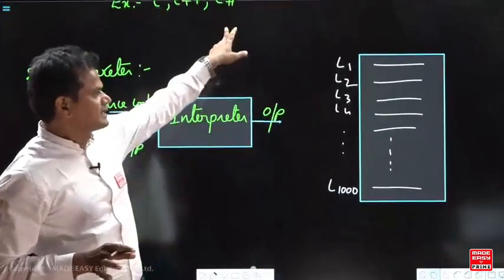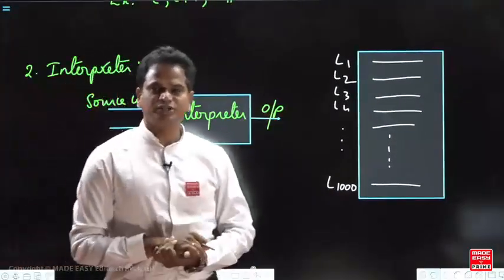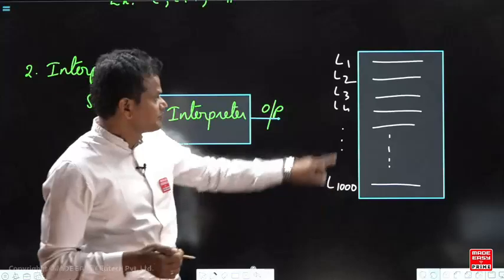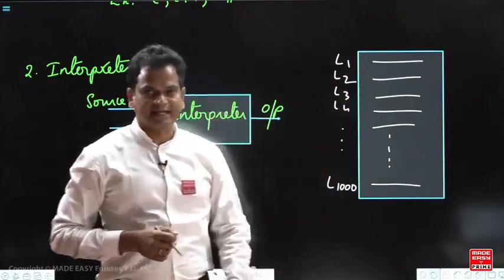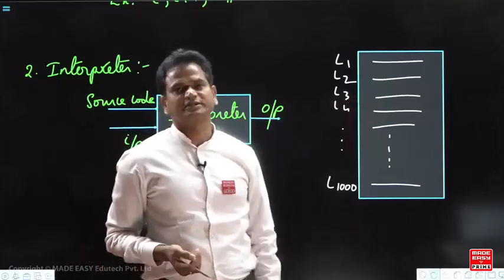Whereas the interpreter executes line by line. It executes the first line. If no error, then it executes the second line. If no error, then it executes the third line.